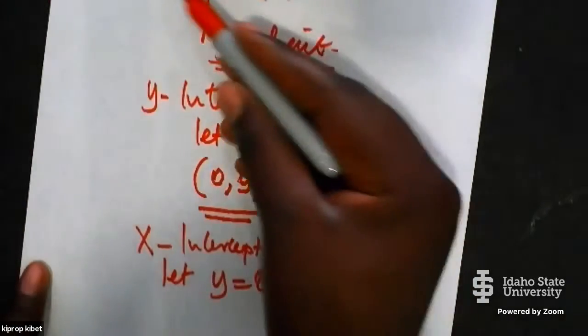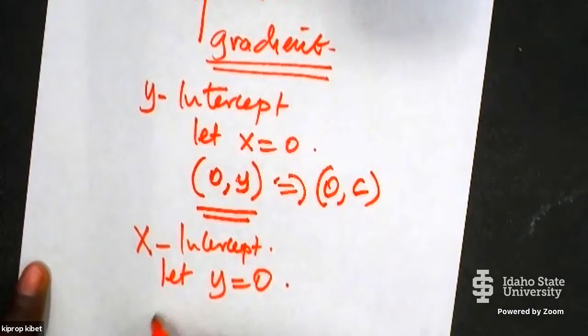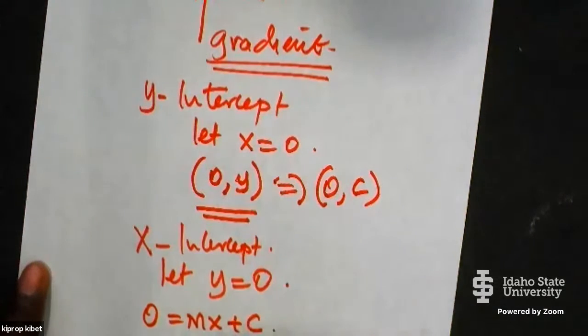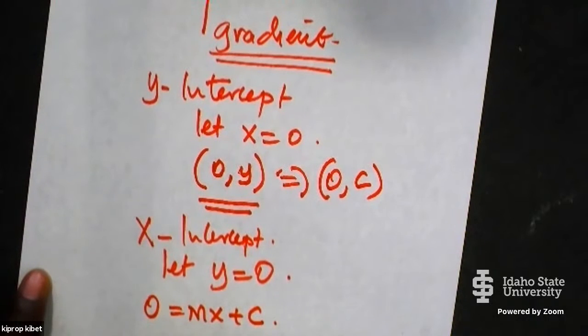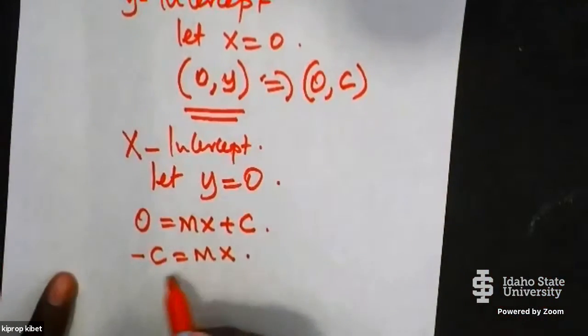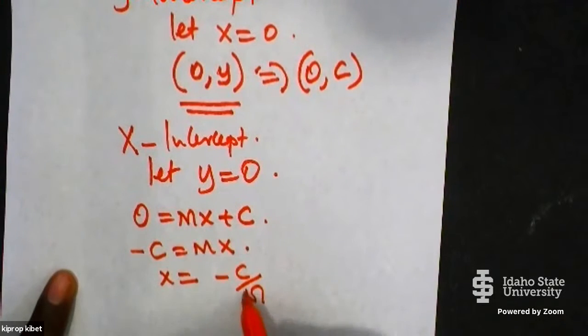Then for our x, when we put y equal to 0, then 0 equals mx plus c. When we take the c to the other side, then minus c equals mx. So our x will be equal to minus c all over m.